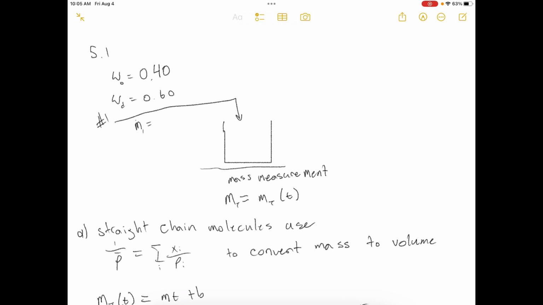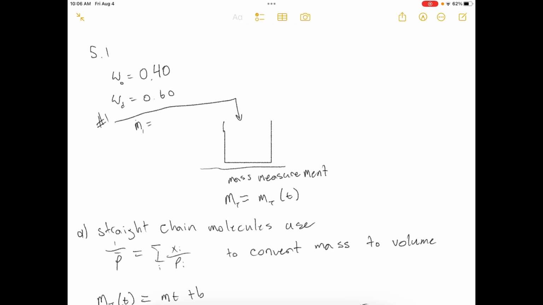Today we're working in a new chapter, Chapter 5, of the Elementary Principles of Chemical Processes, 3rd edition book. Problem number 5.1 says a liquid mixture containing 40 weight percent N-octane and the balance N-decane flows into a tank mounted on a balance.